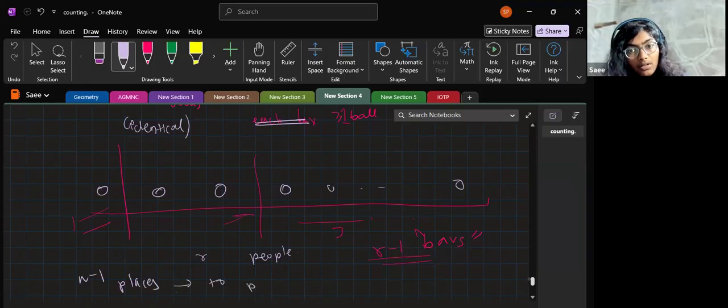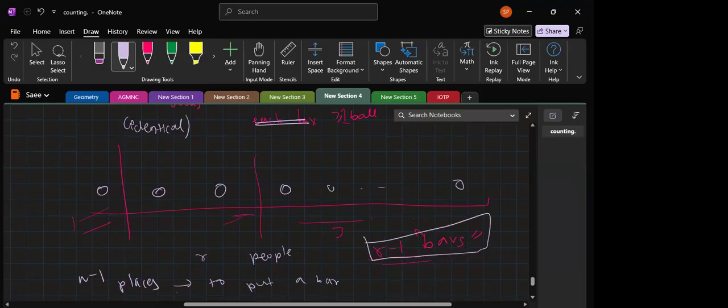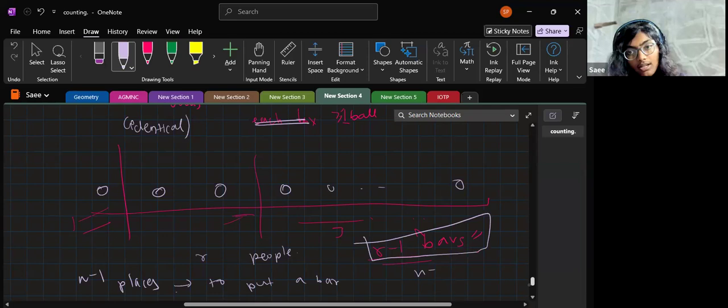But you only want to put r minus 1 bars. You want to choose r minus 1 places from n minus 1. Exactly. So the number of such ways is n minus 1 choose r minus 1. Does this make sense?